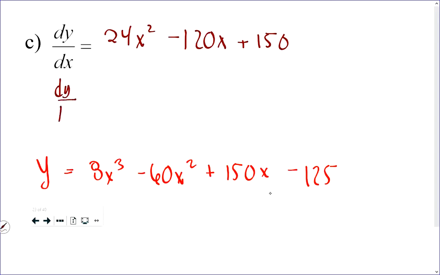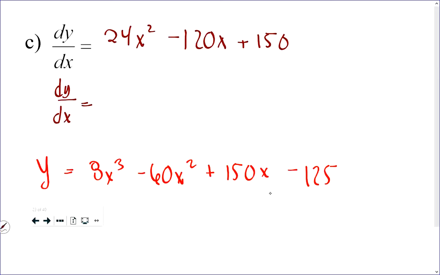dy dx equals, I can take a 6 out. Can I take a 12 out? Does 12 go into 150? It doesn't, eh? So just 6 then, I guess.